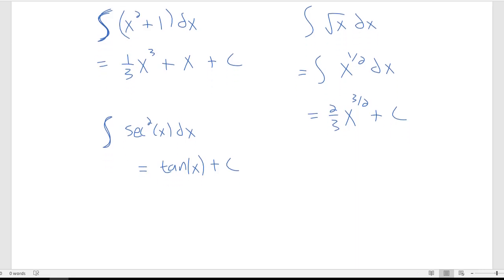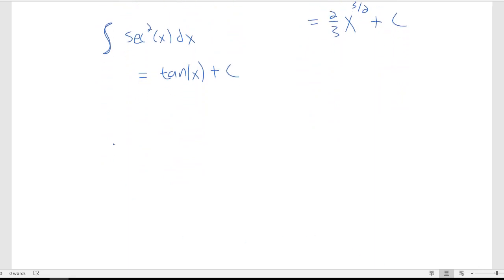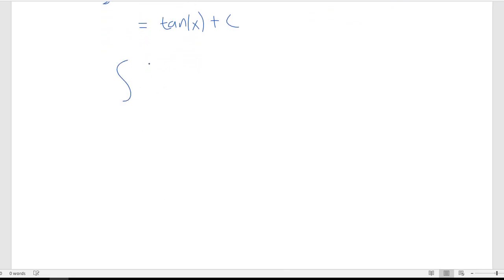Probably one of the most difficult integrals we might have done before this section is something like the integral of 1 plus 3x squared minus root x, all over x. Even though I couldn't do the power rule right away, what I would do is simplify that integrand. I am missing a dx here.